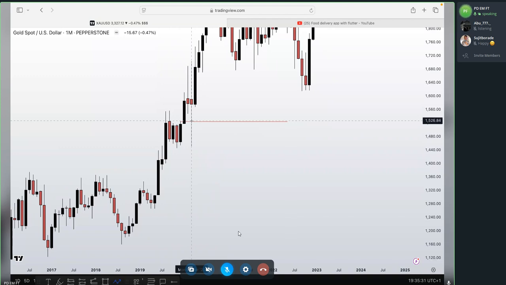So maybe we might have something like this, a little push up before the drop. There are a few pips to catch, but this is invalid. This is a losing trade. You can't even cover it or try to make it look like a winner. Maybe if you trade, it might hit TP1, but then it drops. So you keep moving.